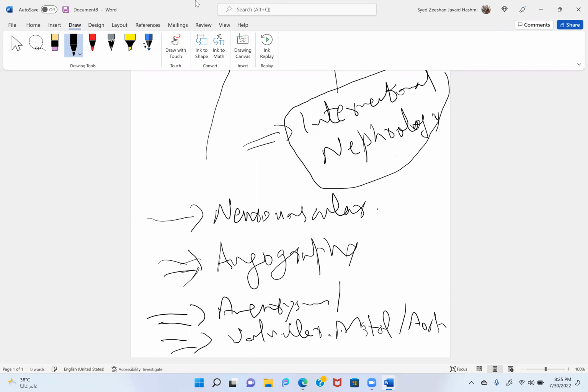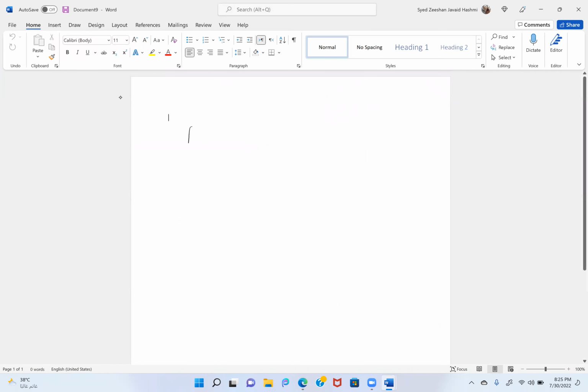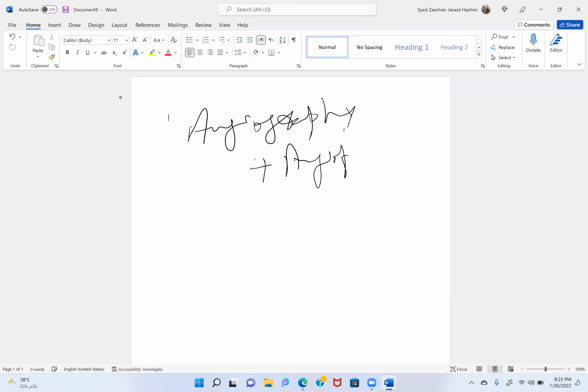These are also endovascular. Then actually it's angiography, as I write. Angiography or angioplasty is also an endovascular procedure, maybe coronary, maybe of any area.